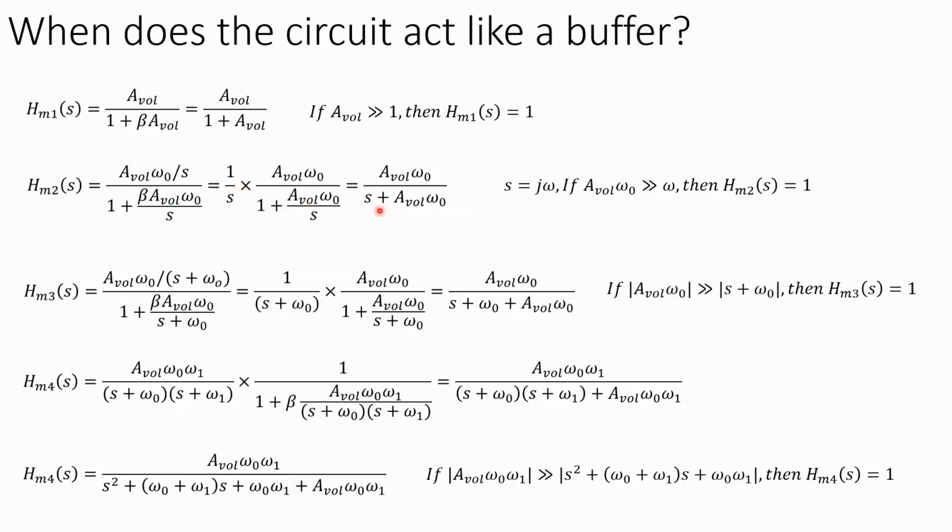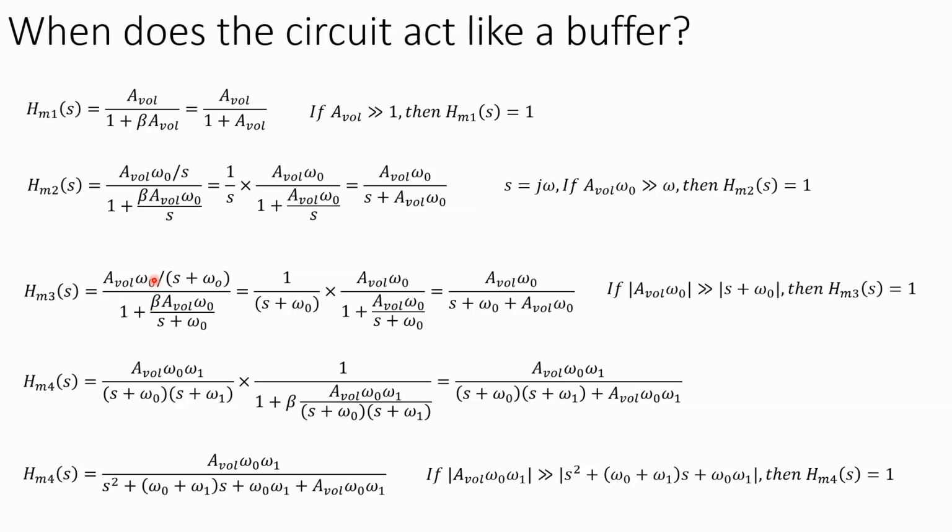We multiply it through, and then we get something that now is frequency dependent, and it looks like a low pass filter. And so if s equals j omega, really if the open loop gain portion is much, much greater than the frequency, then we're going to get 1, which is a buffer.